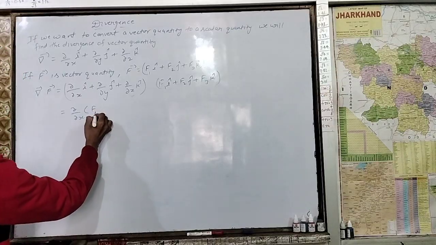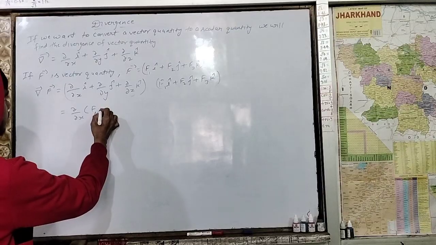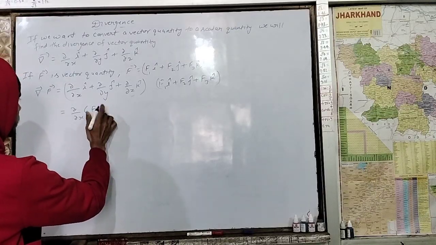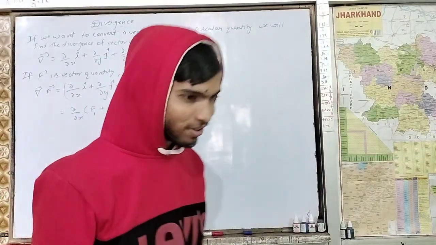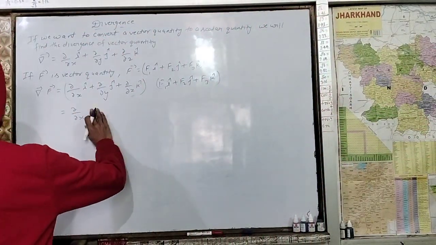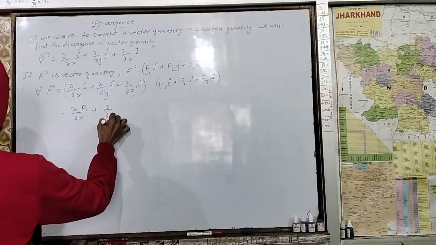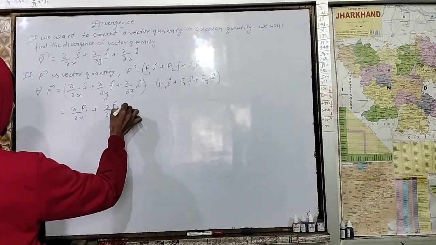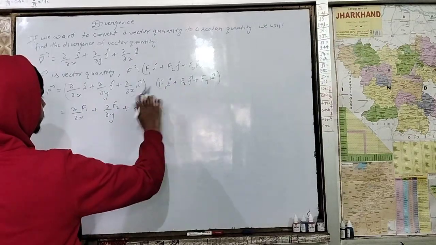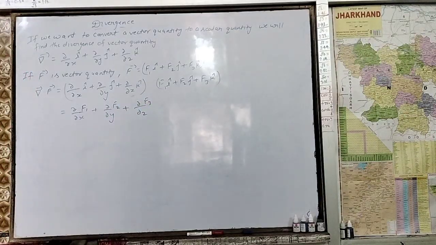This f1 will come with the i cap, plus d upon dy f2 will come with the j cap, then d upon dz f3 will come with the third term. Are you crystal clear? This was very easy.